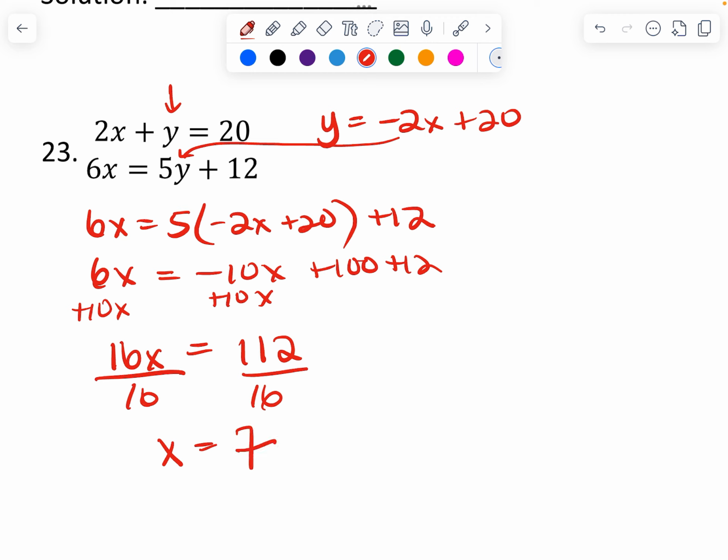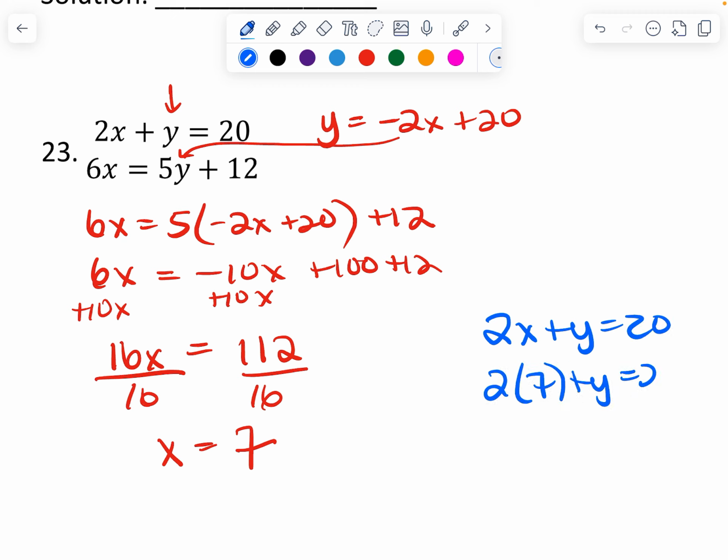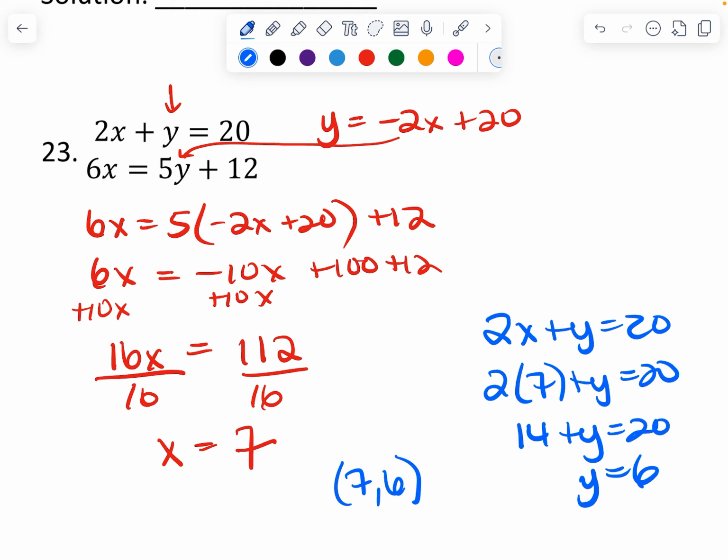And so I'm going to take that and plug it back into 2x plus y equals 20. So 2 times the quantity 7 plus y equals 20. 14 plus y equals 20. So y equals 6. So it's the point 7, 6.